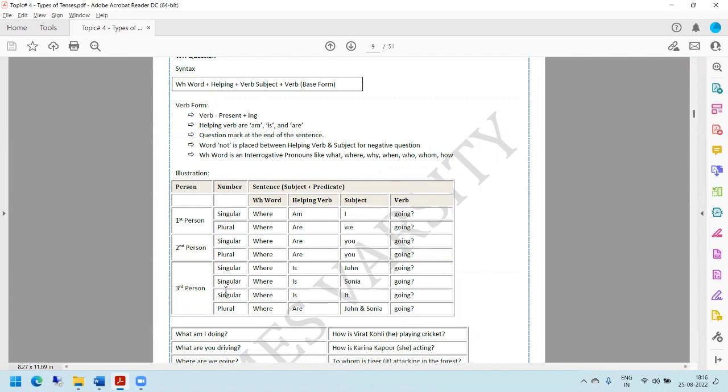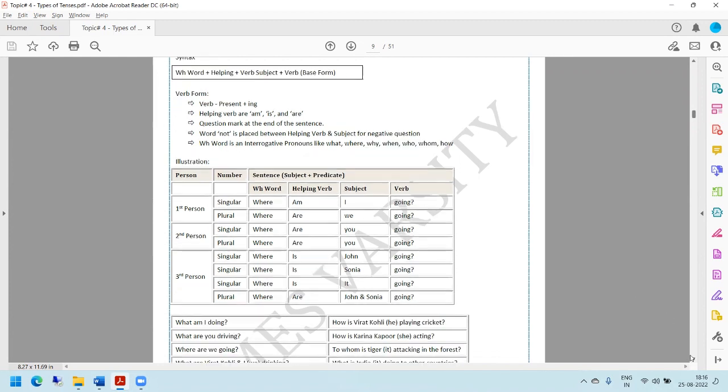Where is Sonia going? Where is it going? In case of plural, where are John and Sonia going? So it becomes a WH question if we add a WH word before the helping verb.